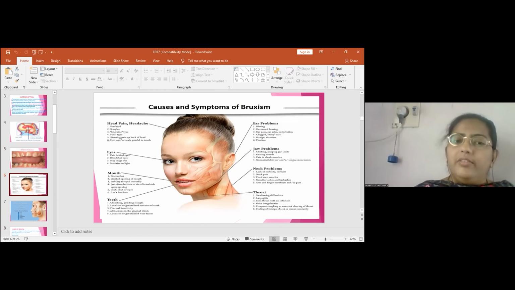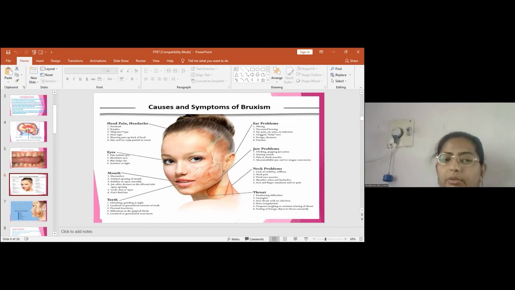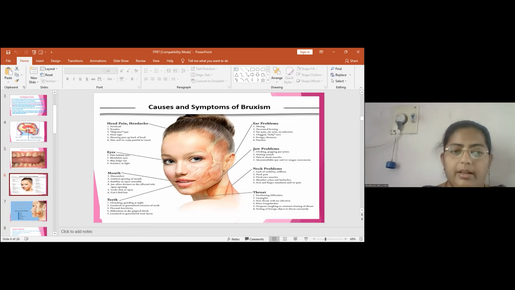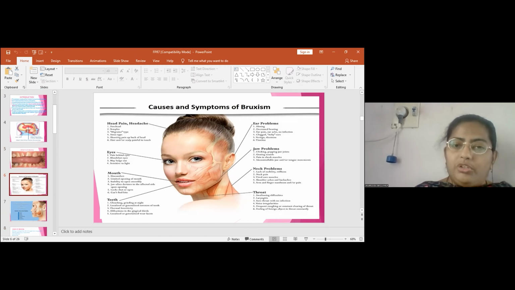They cause discomfort around the eyes, pain behind the eyes, bloodshot eyes, and discomfort around your mouth. You can get limited opening of the mouth, which we call trismus. You can also have an inability to open your mouth smoothly, and you can develop lockjaw because of temporomandibular joint disorder as a result of bruxism.